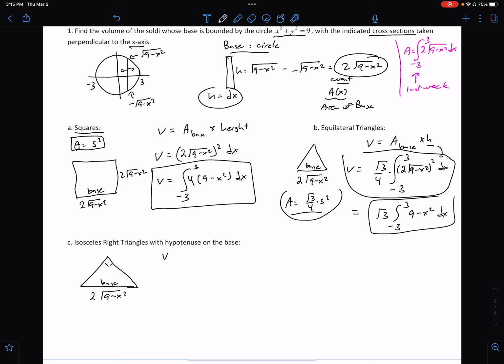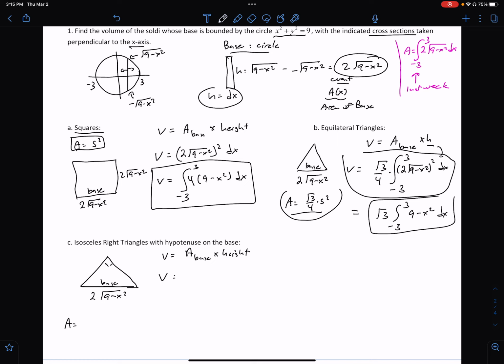And to get the volume, again, I need the area of the base multiplied by the height. Well, to get the area of the base, we need the area formula for this.